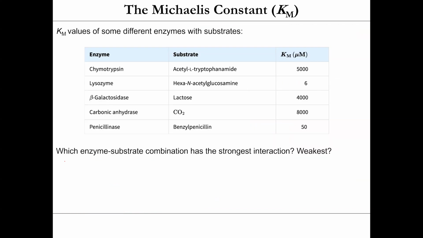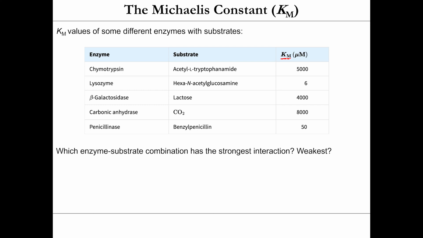So here your book is giving you some different Km values, or Michaelis constant values, for some different enzyme interactions with specific substrates. And so we can already determine, looking at this table right here, which enzyme substrate combination has the strongest interaction. So remember that the lower the Km, the stronger that interaction is going to be.